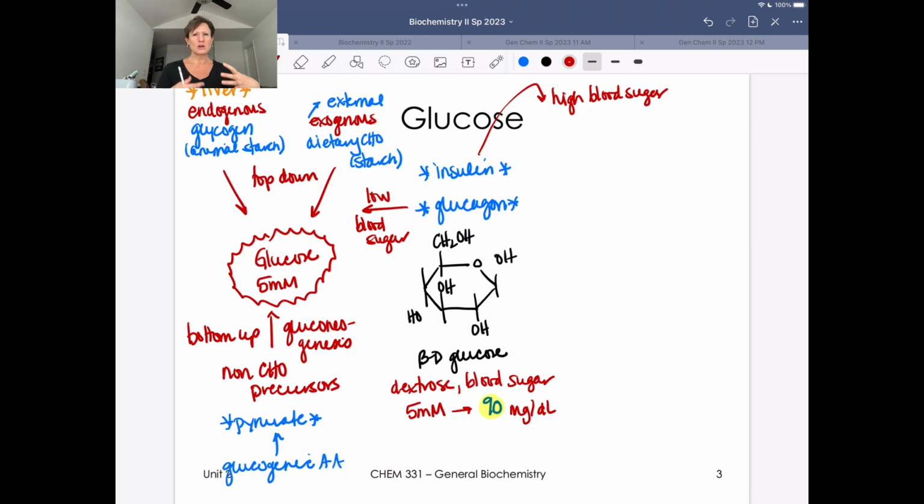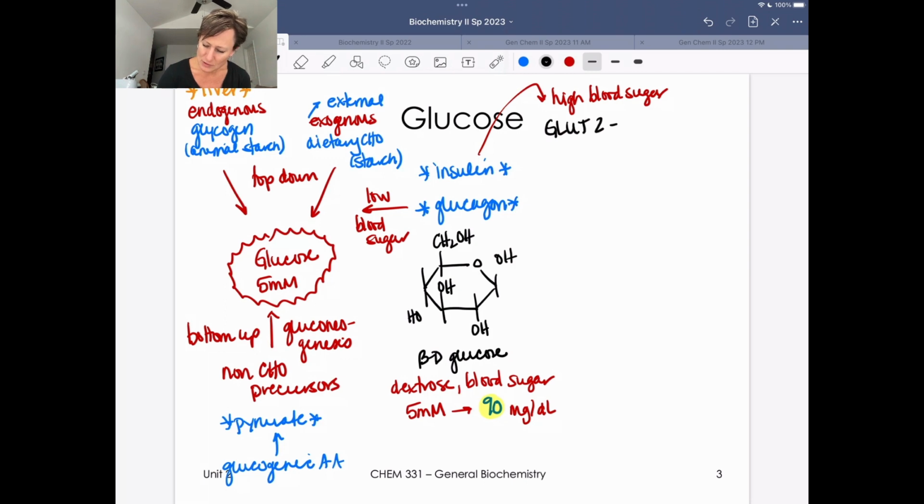They're going to either use it directly as an energy source or store it as glycogen. But fundamentally, once you fill up those glycogen reserves, you need to figure out what else to do with that glucose. So we'll get into those details. But high blood sugar, again, is problematic. There's lots of ways that you need to be able to remedy that. So highlighting that we've got both GLUT2 and GLUT4 receptors.